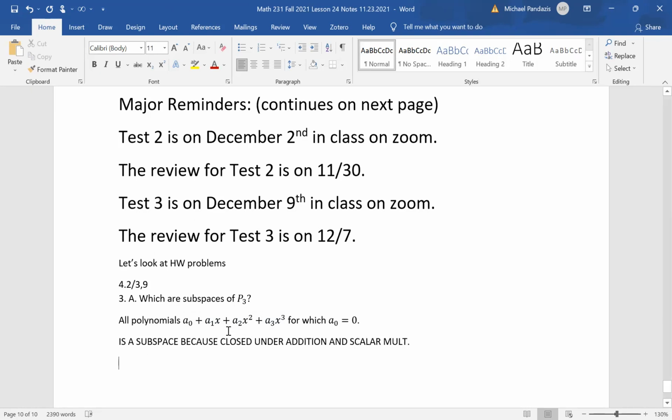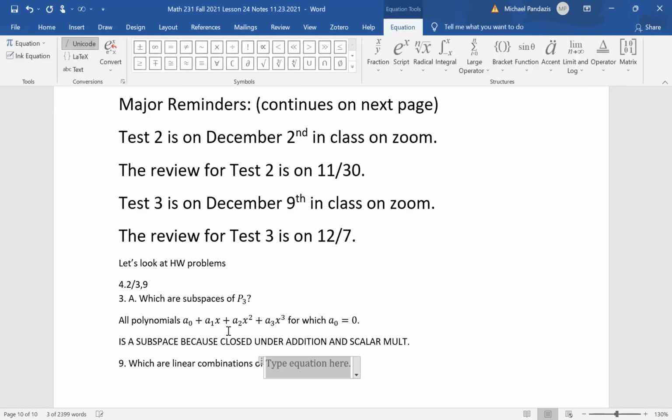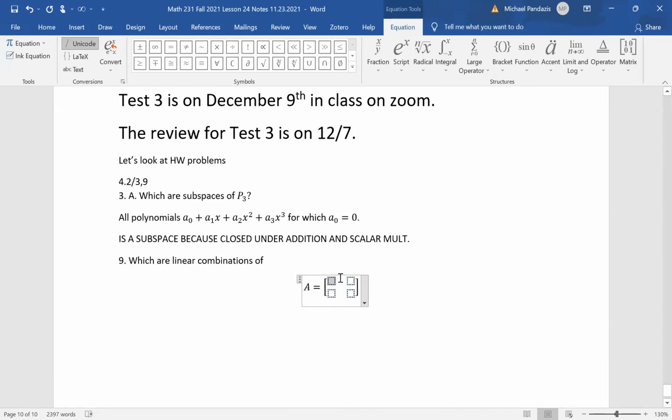Okay, so that's a little bit about that problem. Okay, for number 9, we want to talk about which are linear combinations of these matrices. So A is equal to the 2 by 2 matrix 4, 0, -2, -2.